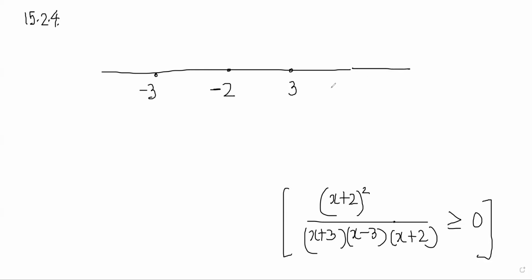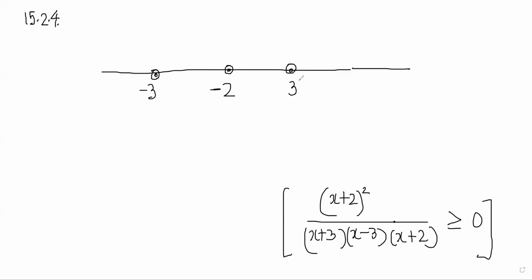And also realize that you can never be equal to any of this. That's why I'm putting a circle around them, because you cannot be equal to -3 or 3 or -2, because it will make denominator 0, right? Denominator cannot be 0, and now we will do wavy curve.